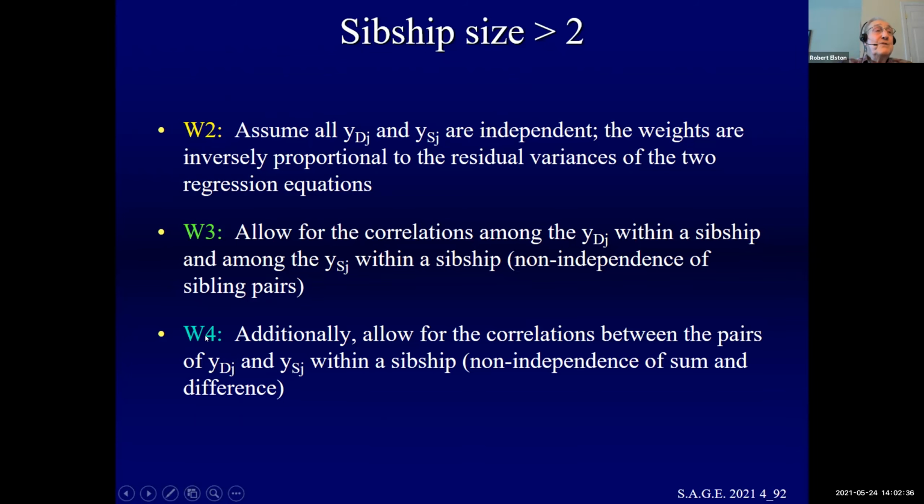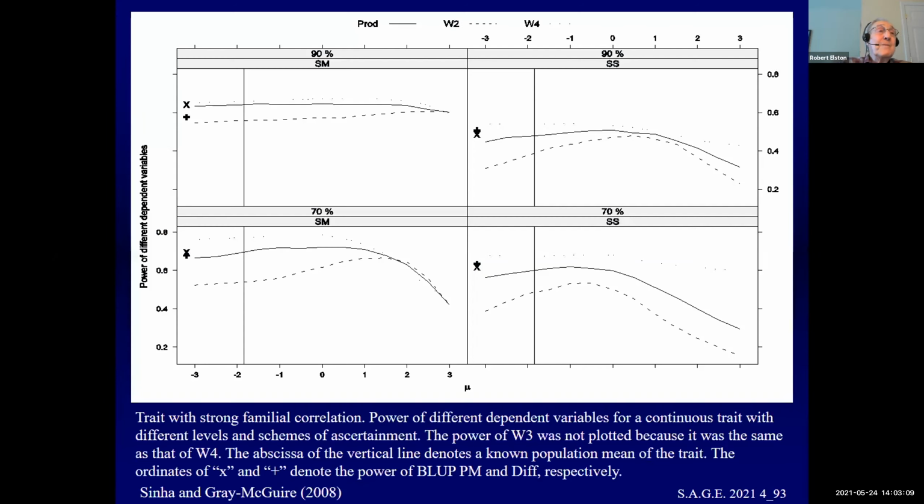So what you do typically, if you're not doing the original Haseman-Elston, is start with W4. If you get reasonable answers, you stop there. If they're highly unstable because you're estimating too much, you go down to W3. And if it's still like that, you go down to W2. And you may have to go to the original Haseman-Elston, though usually one of these will work quite well. This one is the most powerful when it works. That's the problem, when it works.